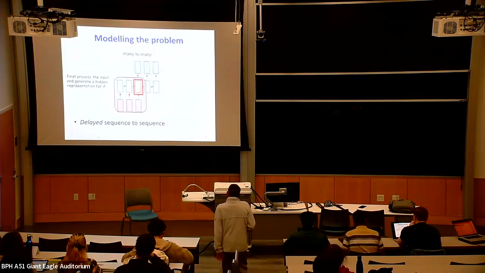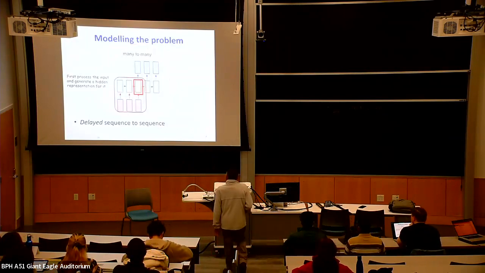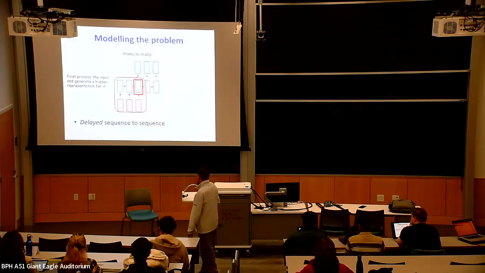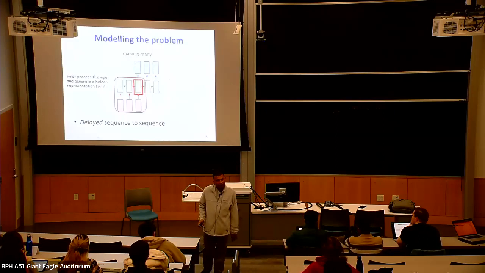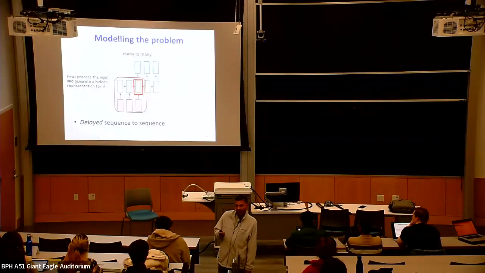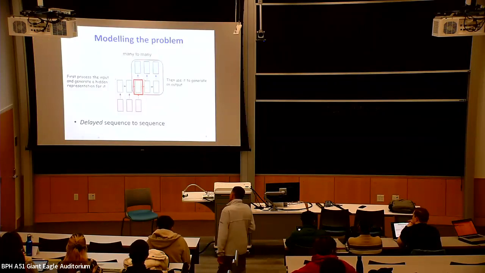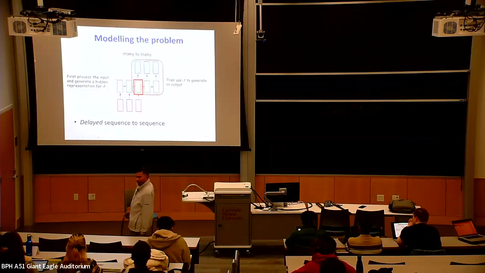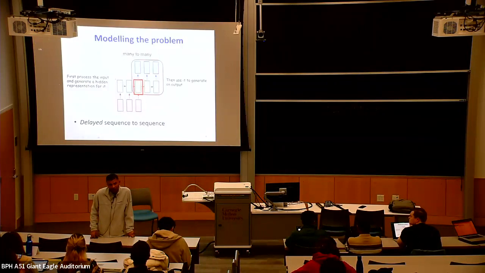So this had two components. The first one processes the input to generate a hidden representation for it. When the entire input has been processed, the final hidden state captures all the information about the input. And subsequently, the second component of the system uses this final hidden state as an initialization to go ahead and generate the output.